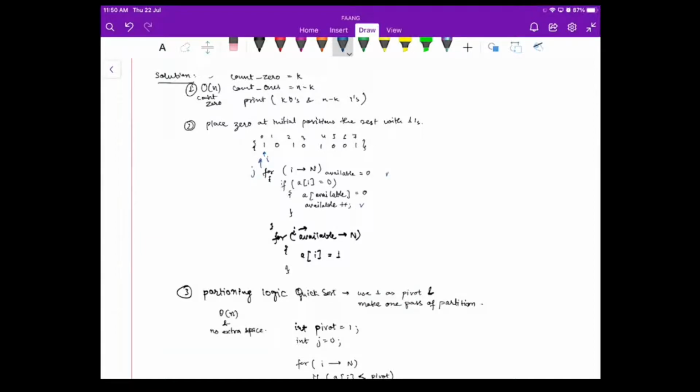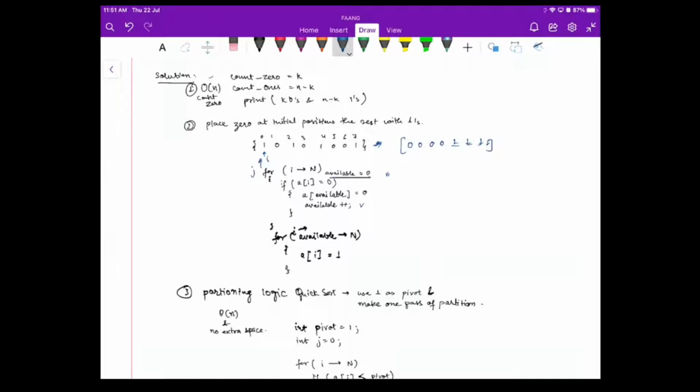So we are taking all the zeros and placing them here as we iterate through the array, and at the end we would have all the zeros here, but it would be missing all the ones. So we will fill the rest of the places with ones. That's the pseudocode that we have.